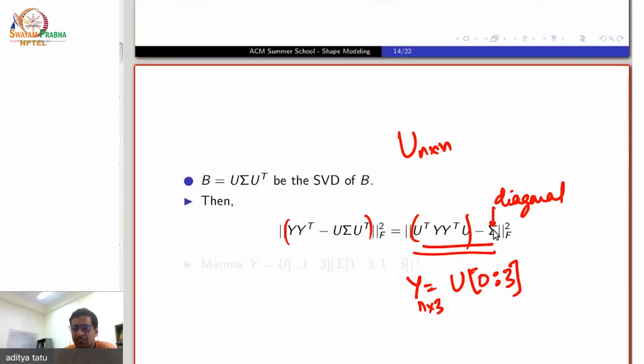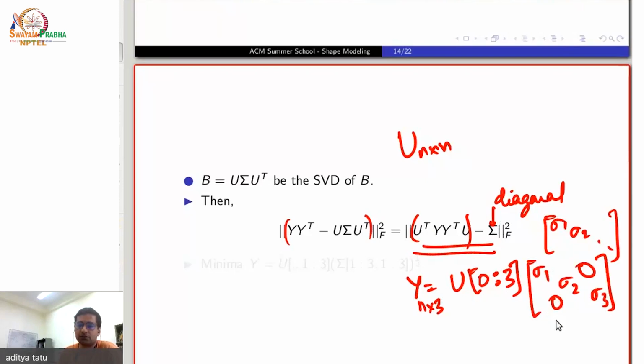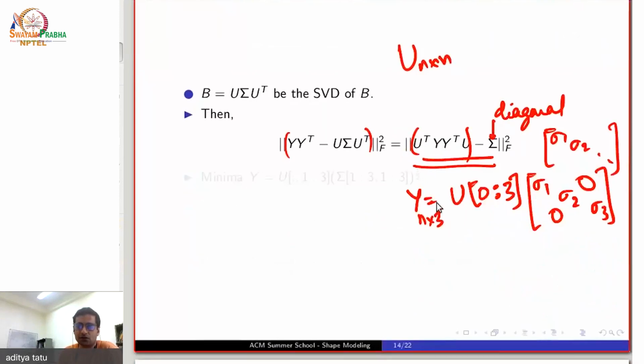But unfortunately, this sigma is not an identity diagonal matrix, right? It has certain values, sigma 1, sigma 2, and so on and so forth. So you have to multiply this with a diagonal matrix with the same values. That's going to be your Y. That minimizes this cost function.